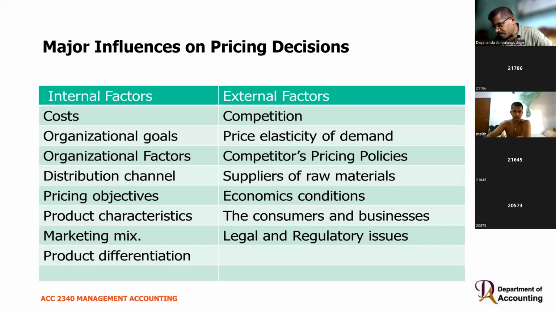So thereby, pricing is not only influenced by cost, but also by many other factors, but we have listed a few, the main factors, as external and internal. Of course, you know that internal factors are controllable and external factors are not controllable, beyond your control. Those are macro type variables, generic variables, uncontrollable variables.